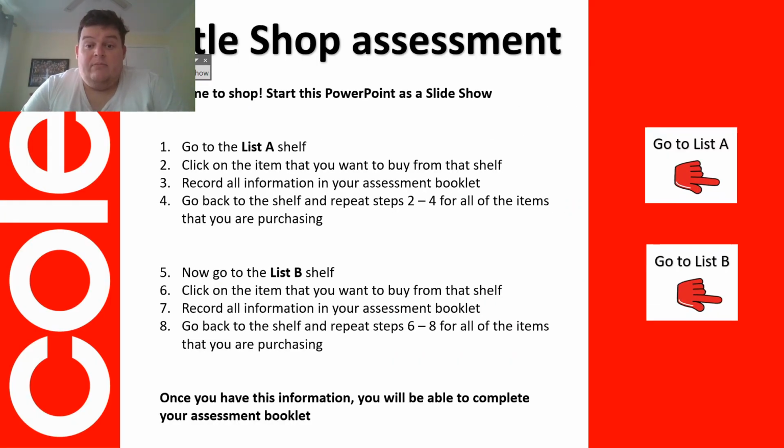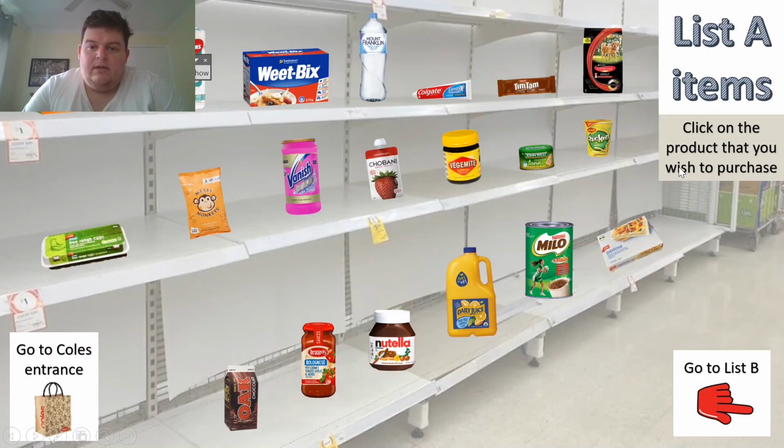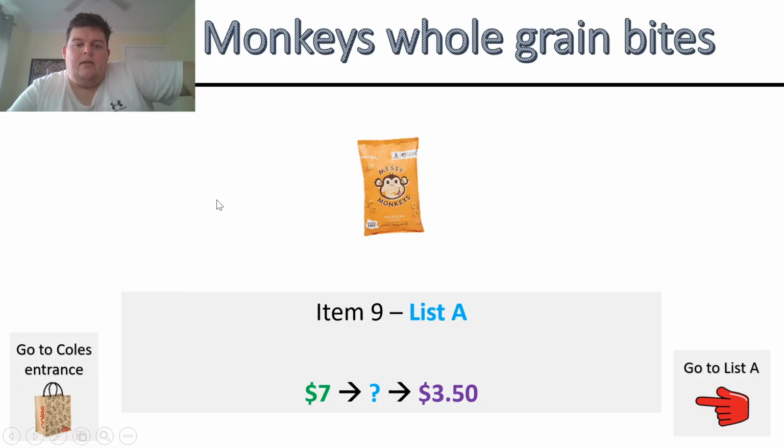You set this up and you go down the aisle and pick the item that you put on your list. So let's say you picked Messy Monkeys, click on that. It was $7. There was some sort of price reduction and now it's $3.50. Figure out what the percentage off is.